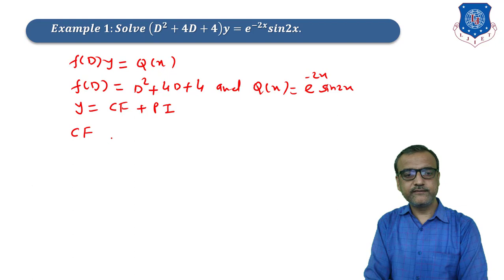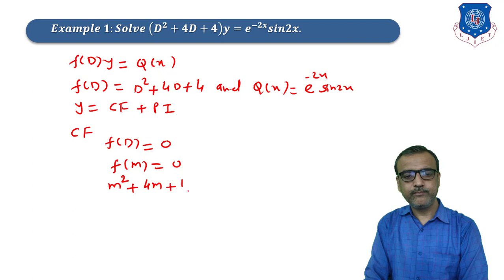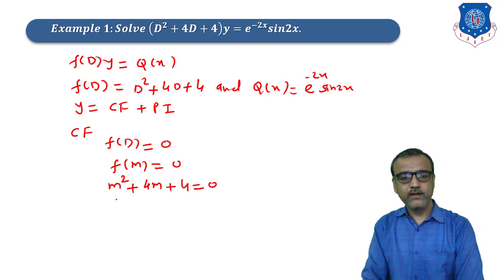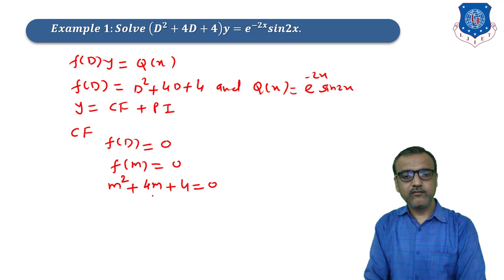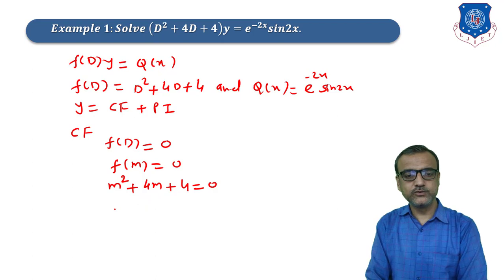How to find out CF? We will write f of D equals 0. We will replace D by m. So we have f of m equals 0. Now in f of D, that is D square plus 4D plus 4, we replace D by m. So we have m square plus 4m plus 4 equals 0. Now we will factorize this equation. We will split the middle term 4m, and we find two numbers such that their product is 4 and their addition is 4, and those two numbers are 2 and 2.